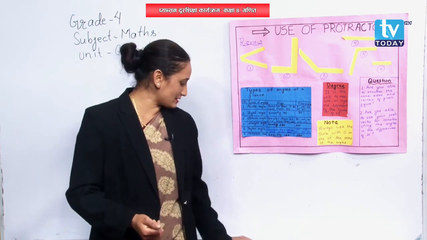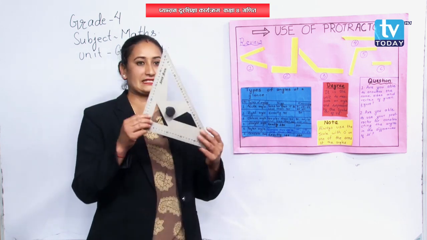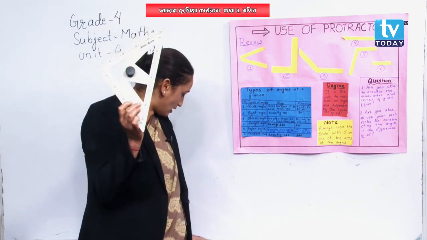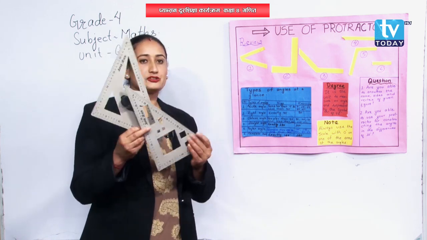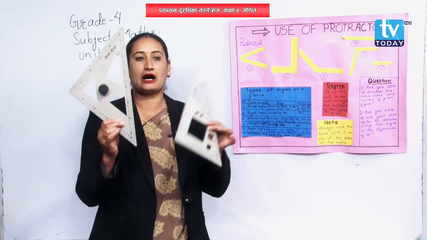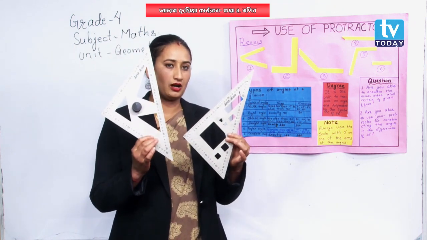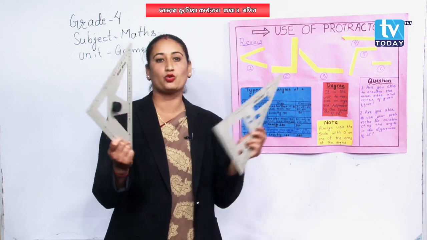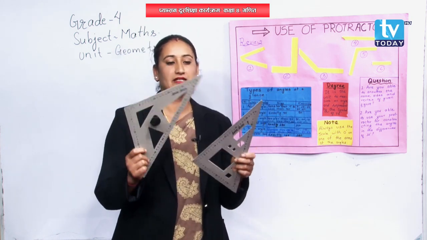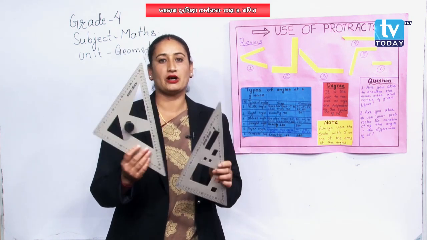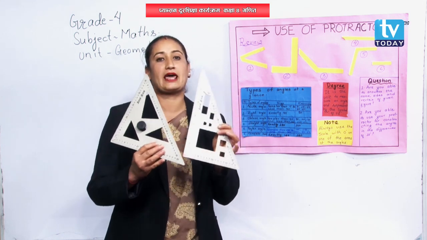Do you know what we mean by set square? Have you seen this type of object in your instrument box? Do you have any idea how to use this type of material, or do you just play with it? No idea? Okay, today I am going to teach you how to use this material as well.